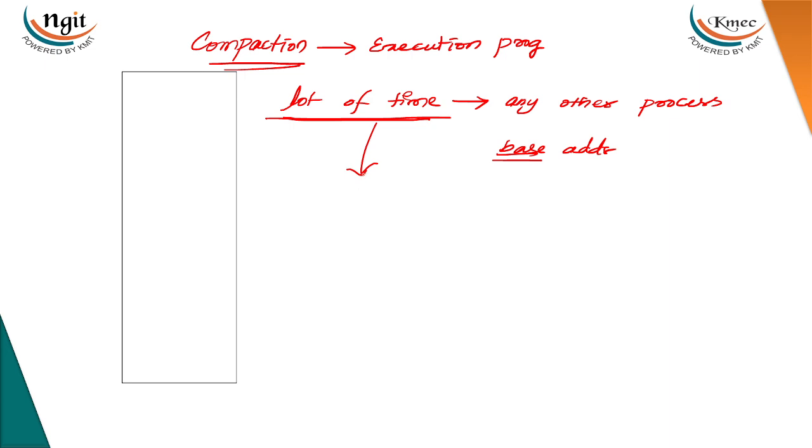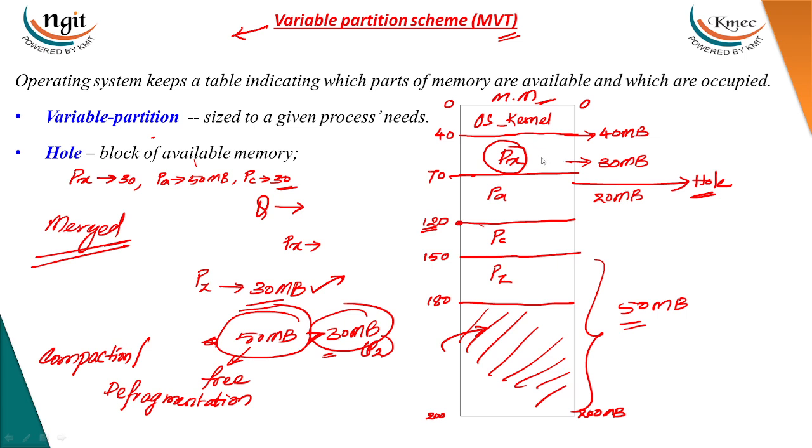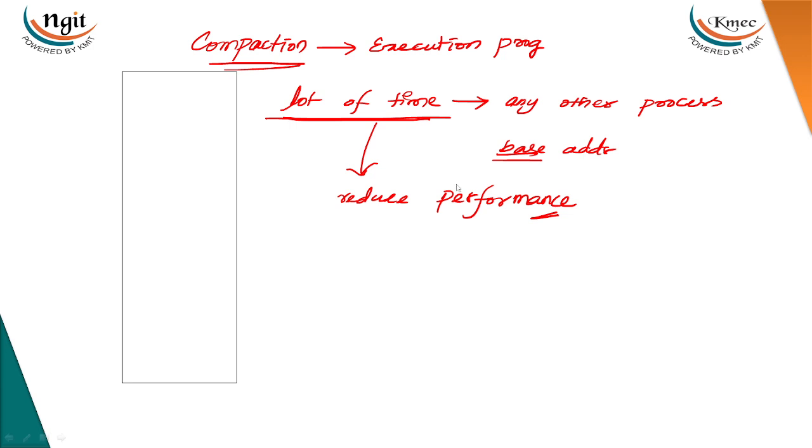This will reduce the performance of the system. So compaction is not an efficient technique to avoid external fragmentation.